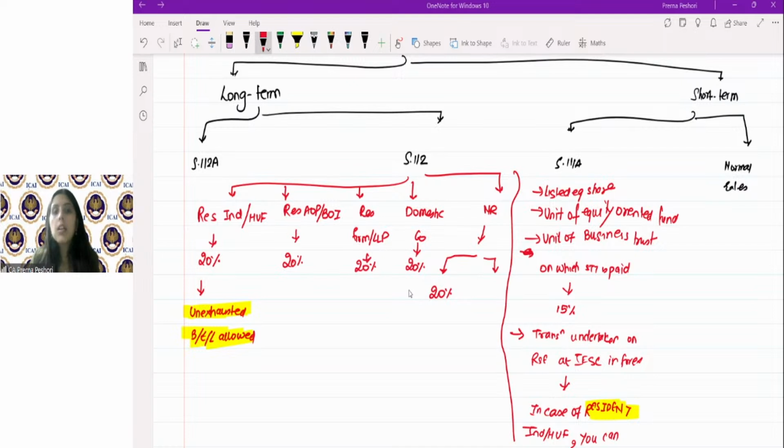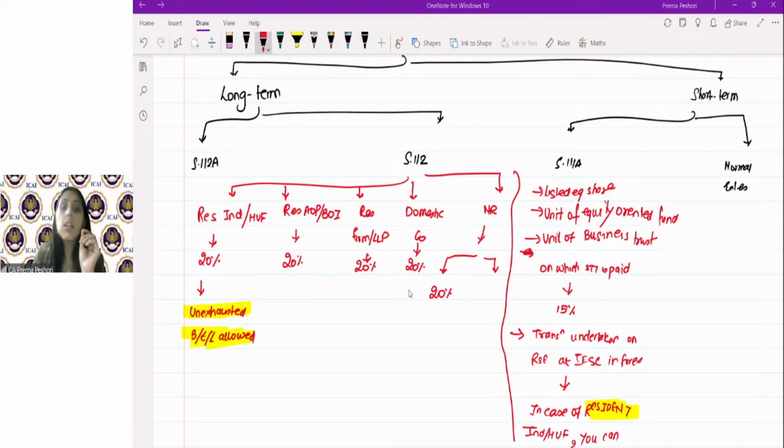Now, understand one thing. What I'm telling you is in case of listed securities and zero coupon bonds on which the STT would not have been paid. You would say, ma'am, listed securities are covered under 112A.